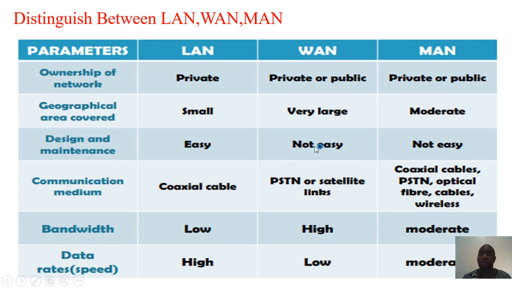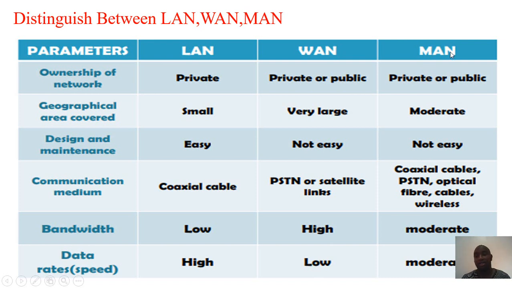It's not easy because you require a third-party configuration for the public IP, but we don't want to go into detail because this is basically an introduction to computer networks. So we don't want to go into detail on the public IP and the private IPs. The other thing is the wide area network uses satellite links, and the bandwidth is slightly high. The speed is a bit slightly lower.